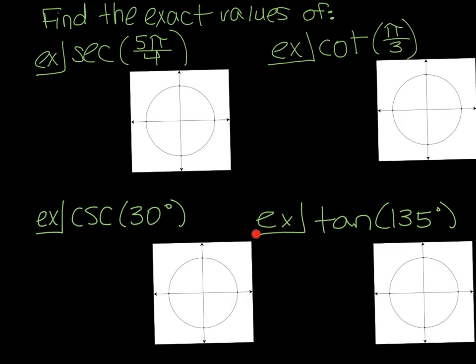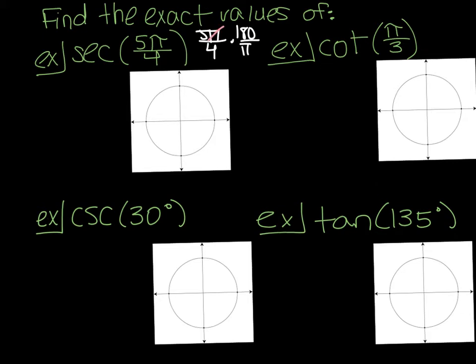These bottom two examples would be typed into the calculator in degree mode. This would be 1 over the sine of 30 degrees, and this would just be tangent of 135 degrees. However, here, since we're being asked to find the exact values, I'm going to change that 5 pi over 4 into degrees by multiplying 5 pi over 4 times 180 over pi.